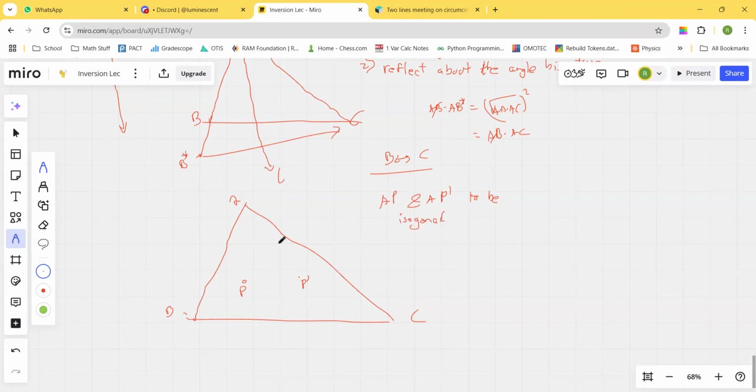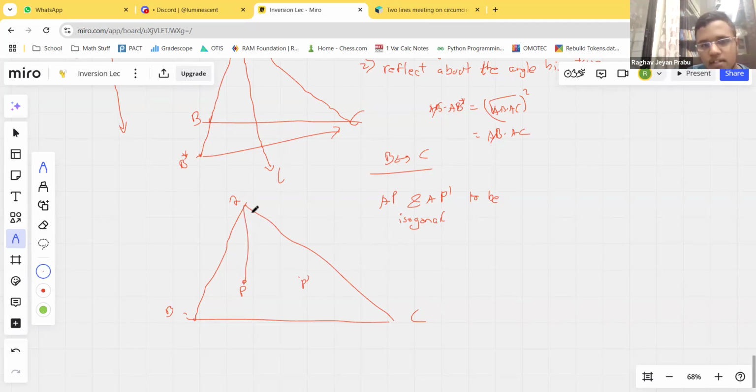Yes. Okay. Reflection about the angle bisector, right? Or in simpler terms, angle PAB is equal to angle P dash AC, or angle PAC is equal to angle P dash AB. So this is what you get for P and P dash in terms of AP and AP dash.